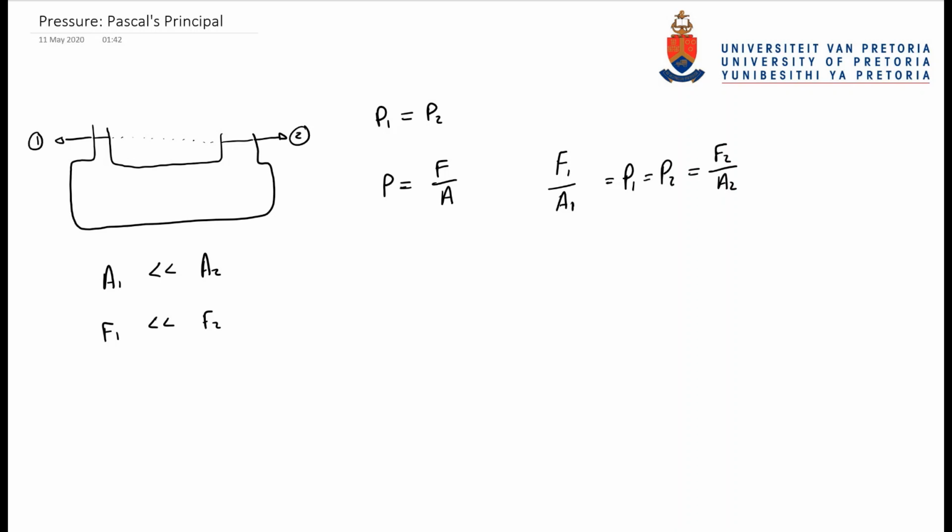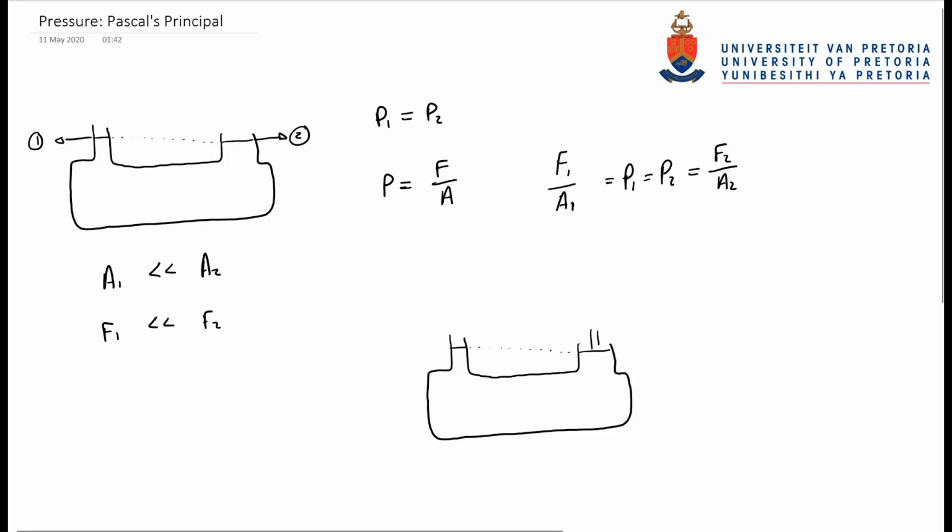If I have my car standing on the end of my system with the large area, I can push down on the small area and keep the car in the air, because the area on my side is much smaller than the area on my car side.